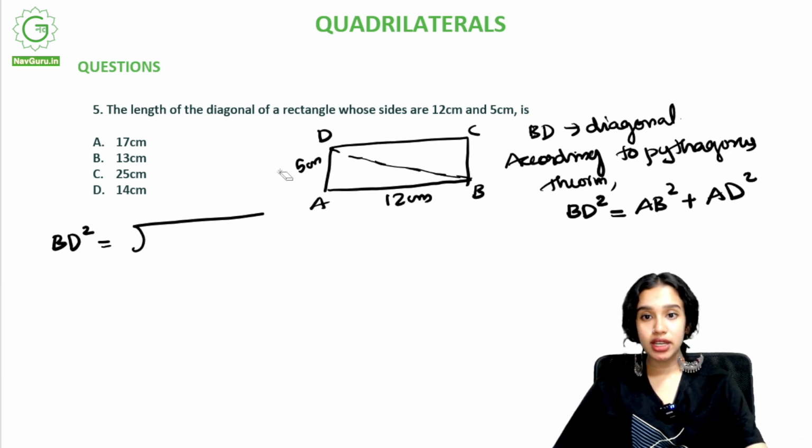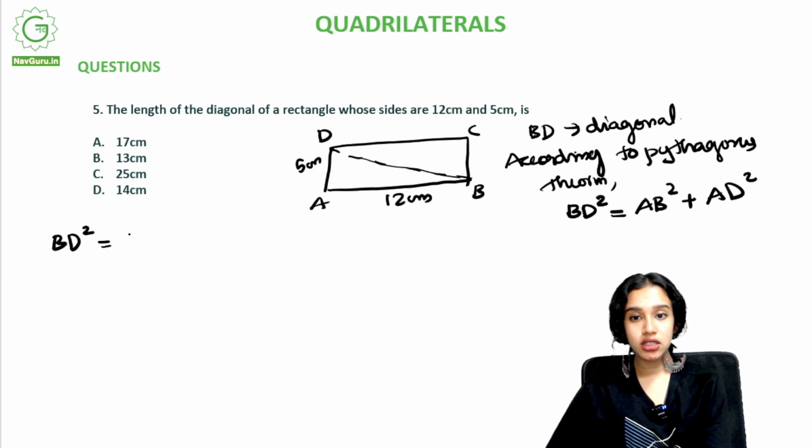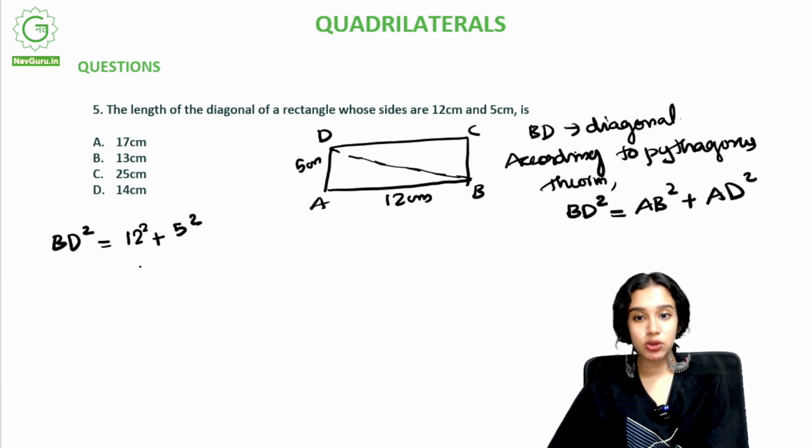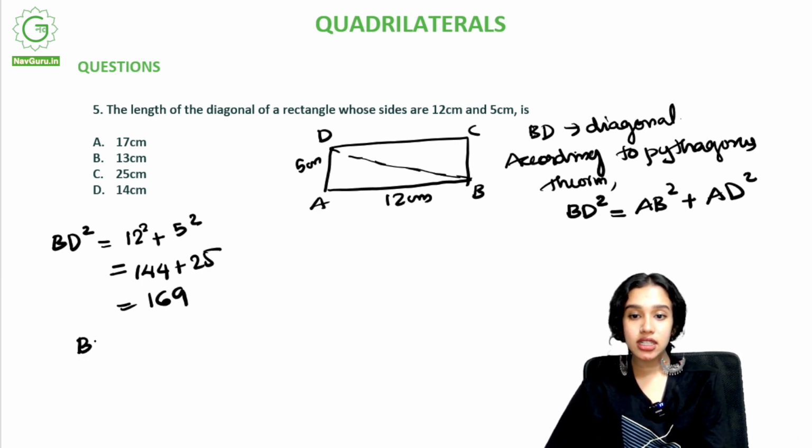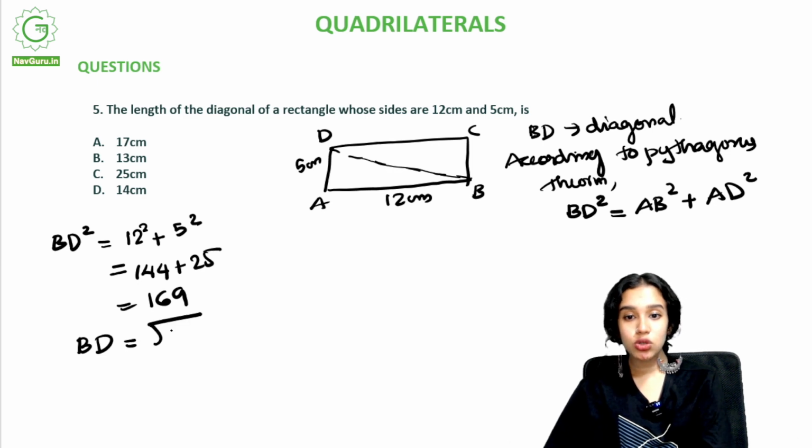So, BD square is equal to 12 square plus 5 square. This gives us 144 plus 25, which gives us 169. So, BD is equal to root of 169.